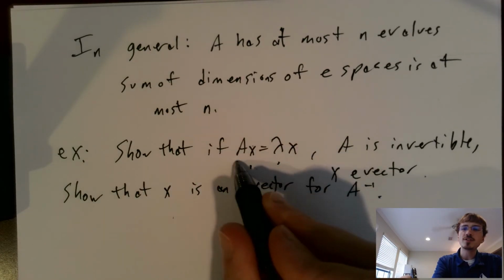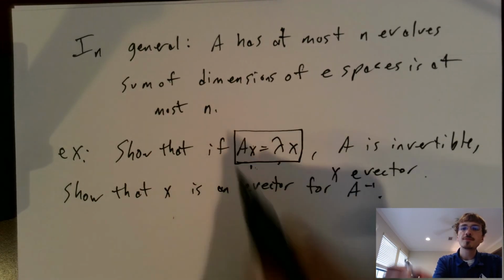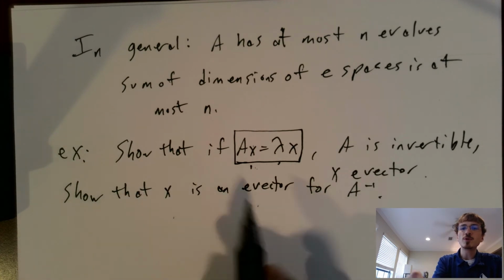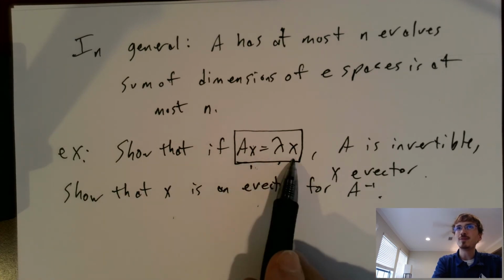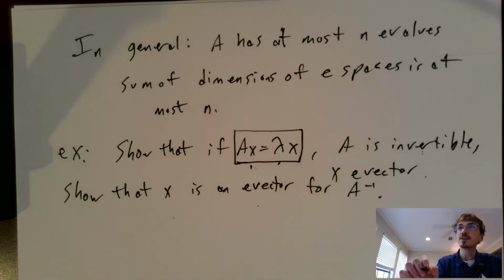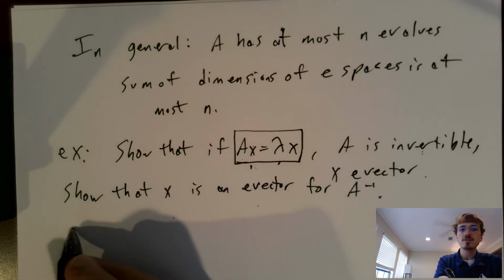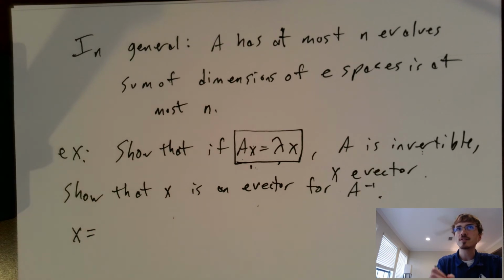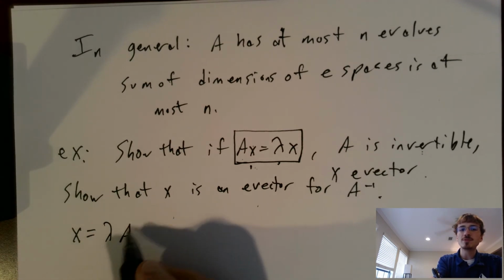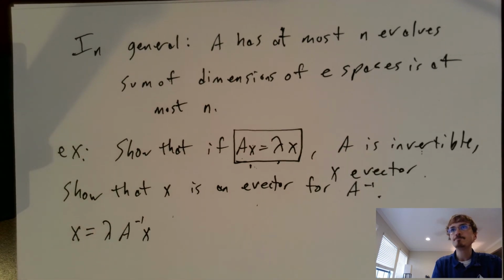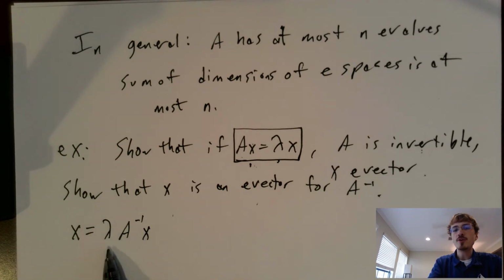Well, we know that we're going to need to start with this equation, right? Let's multiply on the left by A inverse. And we know it exists because it's invertible. So A inverse times A is the identity. So on the left-hand side, we just get x equals lambda times A inverse x. What do we know now about lambda since A is invertible?